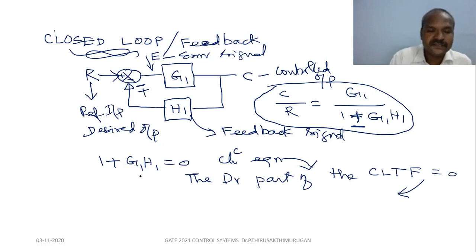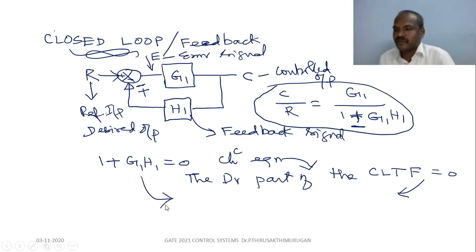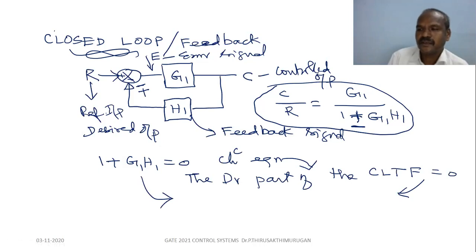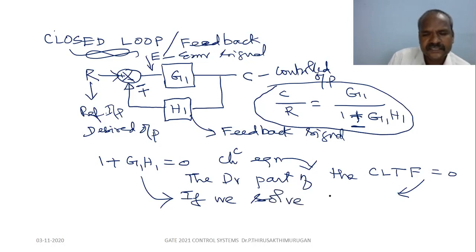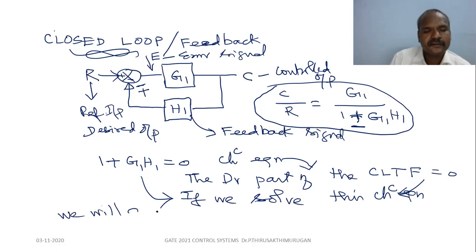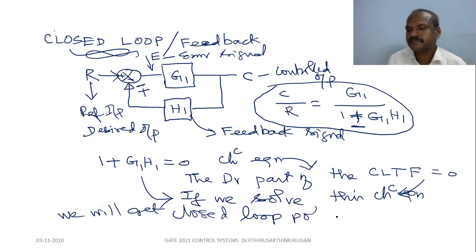If we solve this characteristic equation, we will get the closed loop poles.